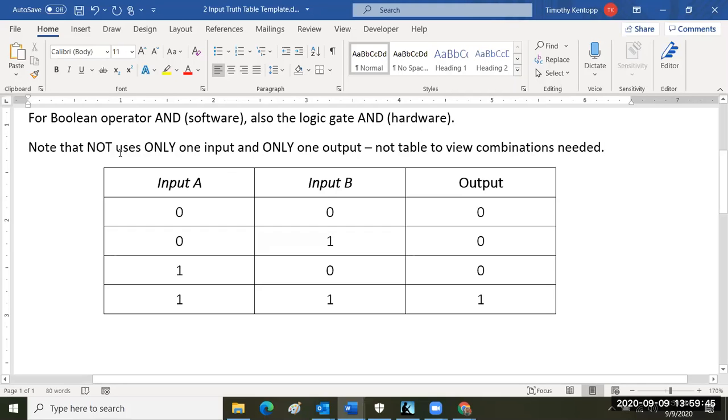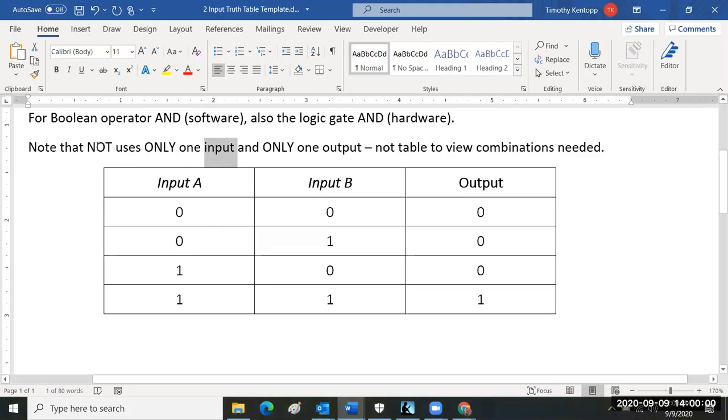If your input is a 0, what's not 0? 1. If your input is a 1, what's a not 1? 0. Let's repeat that. It always reverses the input and gives you the other value.